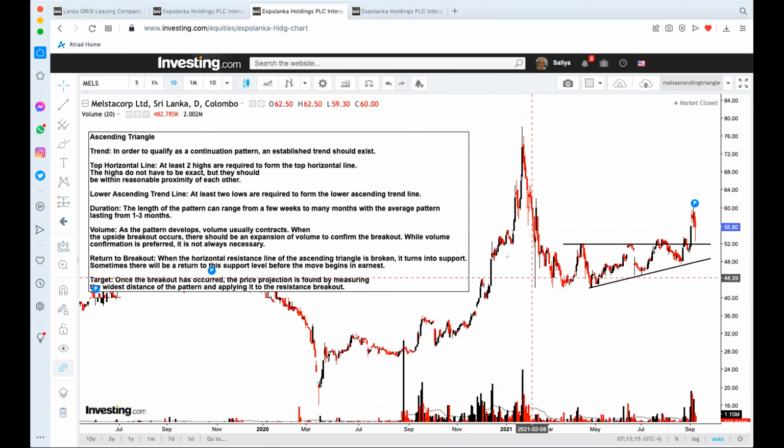Over here, compared to the rest of the volumes, there is an increase in the volume when the stock started extending up from this level.